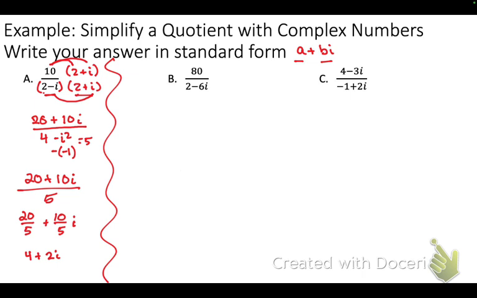Okay, so the next one I have is 80 over 2 minus 6i. So I have an imaginary number in the denominator, which I cannot have. So I have to multiply by its conjugate. So 2 plus 6i.